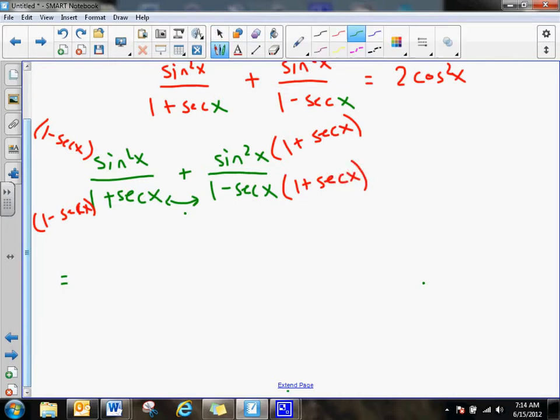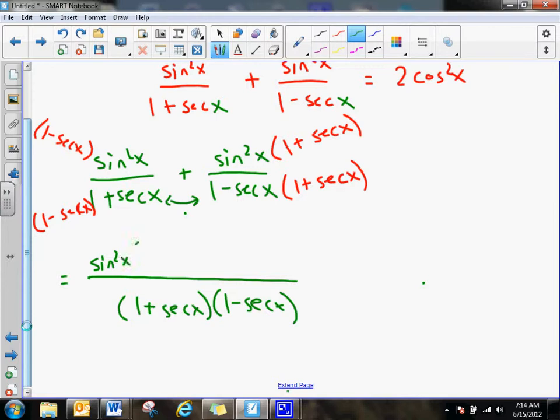And what does that give us? On the bottom, we're going to get 1 plus secant of x times 1 minus secant of x. On the top, we're going to get sine squared of x, 1 minus secant of x, and then plus sine squared 1 plus secant of x. Nice.